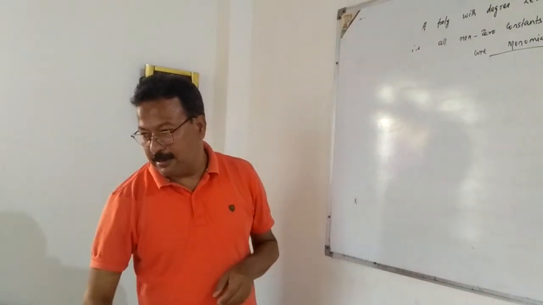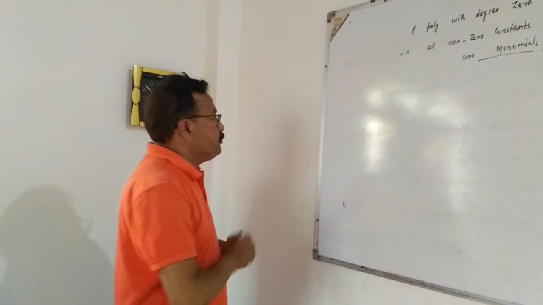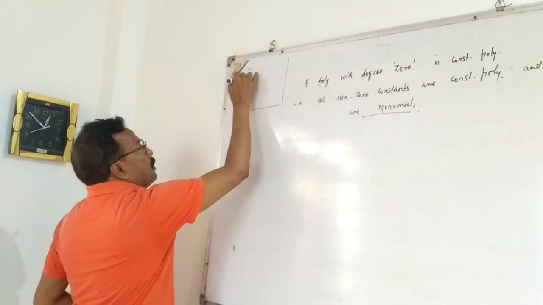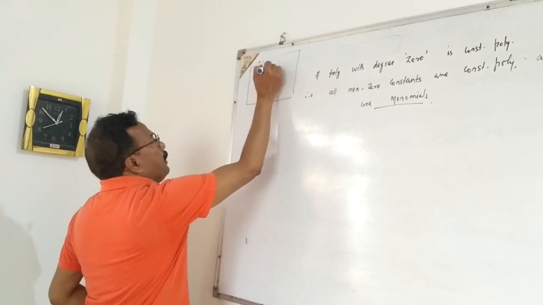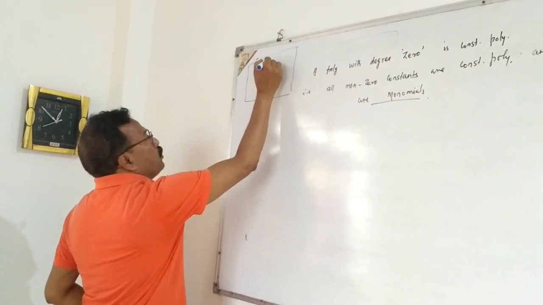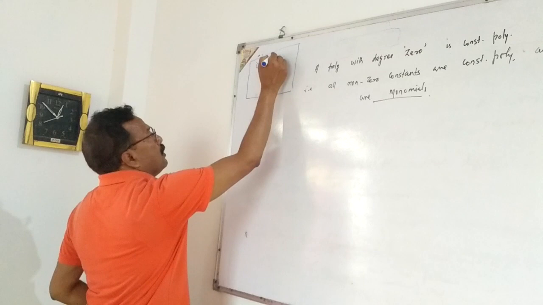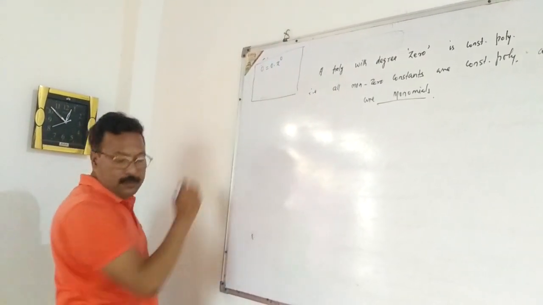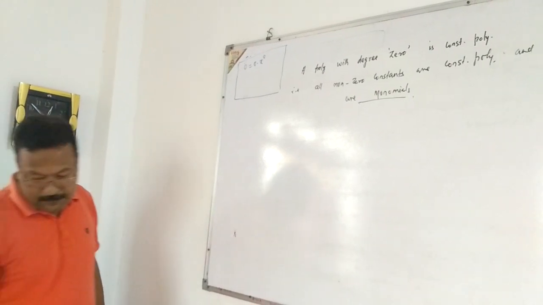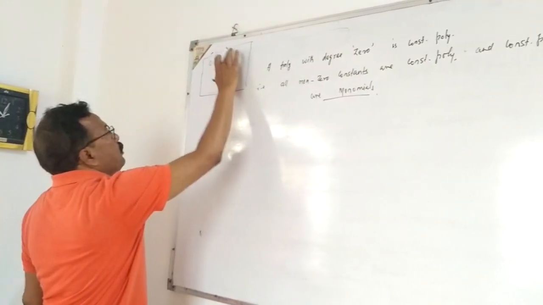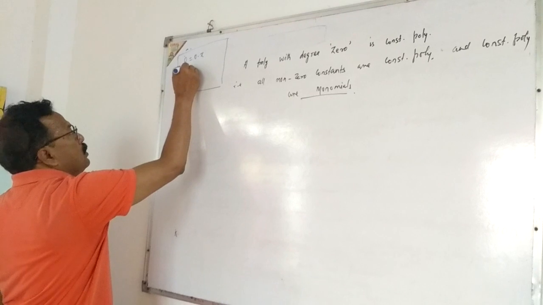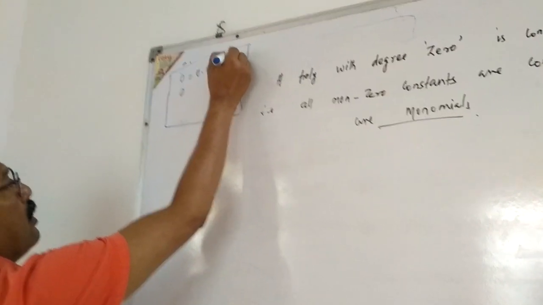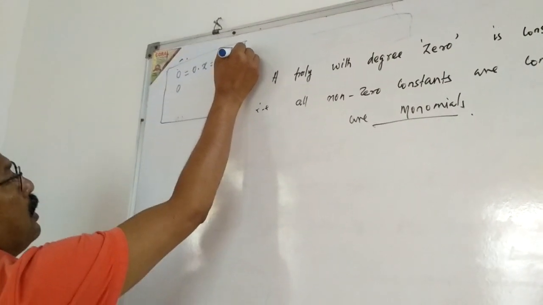The number 0 can be expressed as 0 into x to the power 0, or 0 into x equal to 0, or 0 into x square, or 0 into x cube.